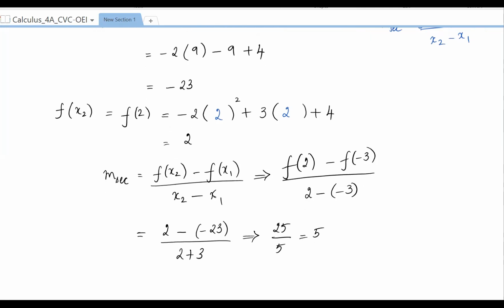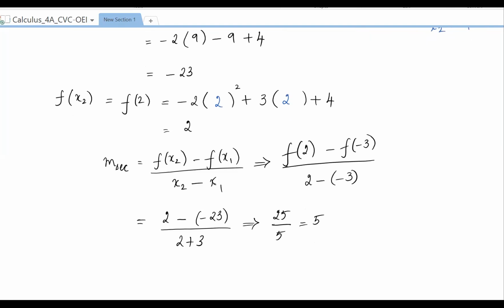So then you can come back and conclude and say the secant line that connects these points, right? These points are the negative 3 and the 2, has a slope of 5.